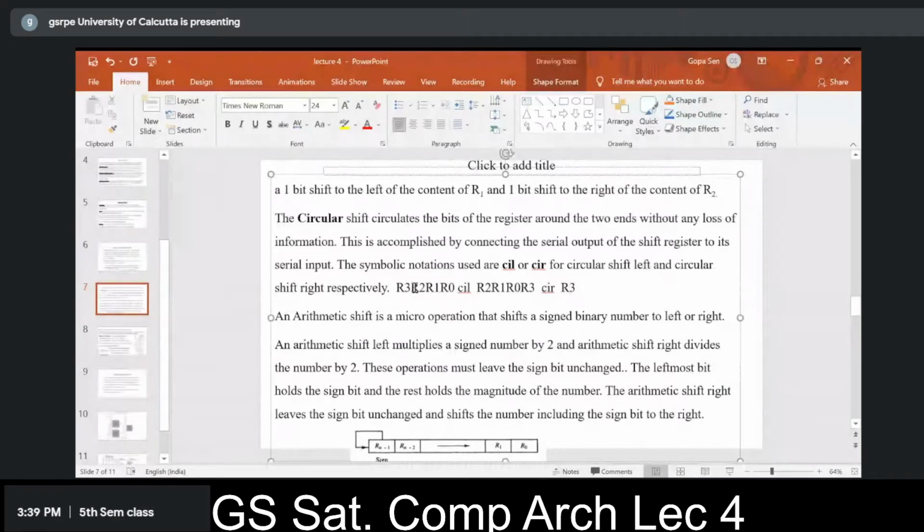R3 will go to the place of R2, then R2 will go to the place of R1, R1 will go to the place of R0, and there will be a vacancy where R3 was, which R0 will fill. Clear? In circular shift, there is no loss of information, only the change of place of data. Circular left and circular right.